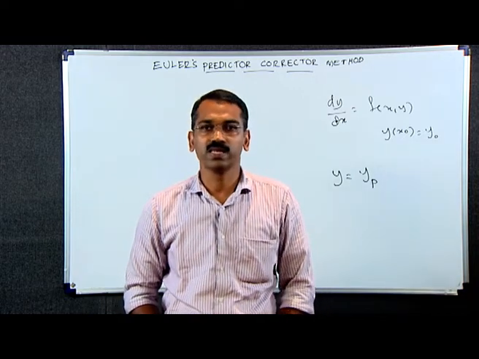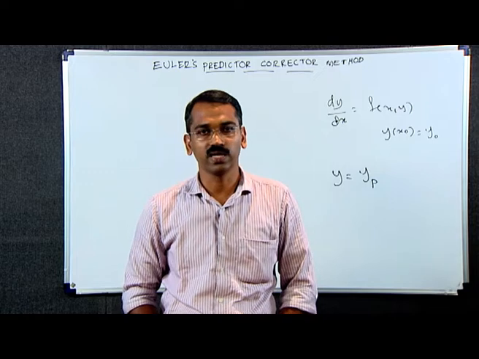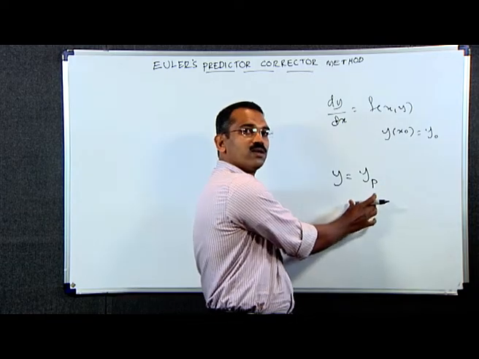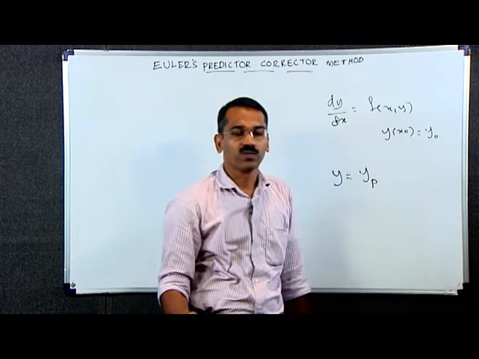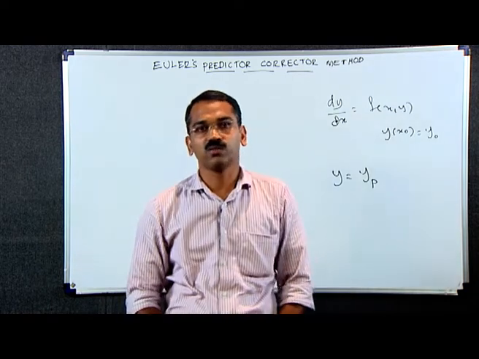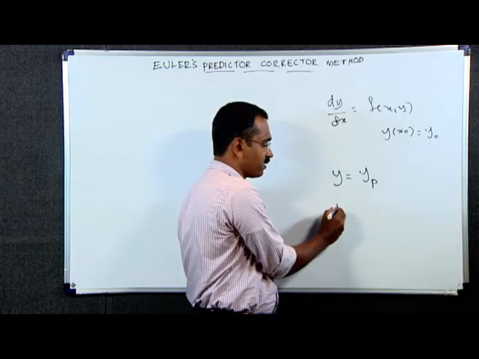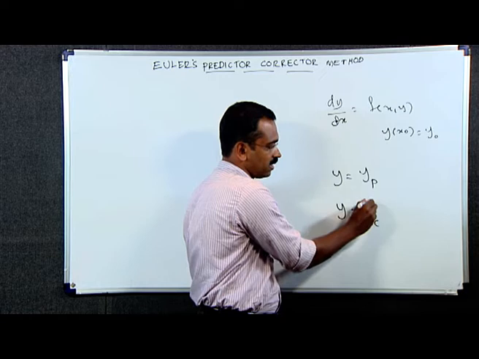Then we use the second formula called the corrector formula to correct or to refine this value of yp and get a better approximation for the value of y, namely yc1.